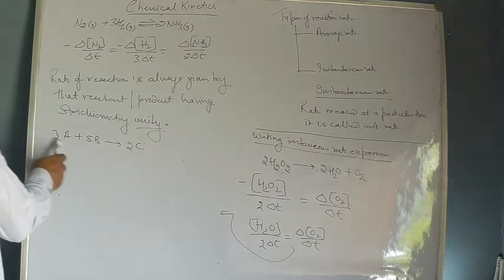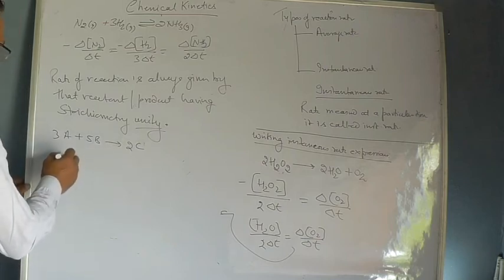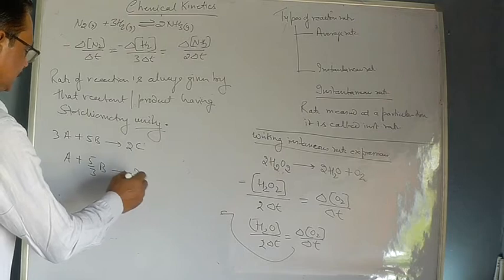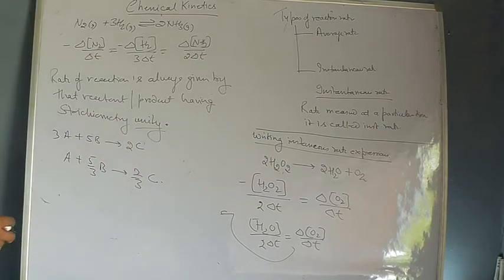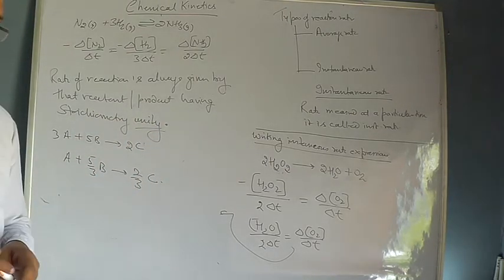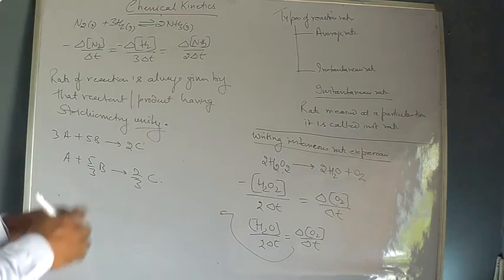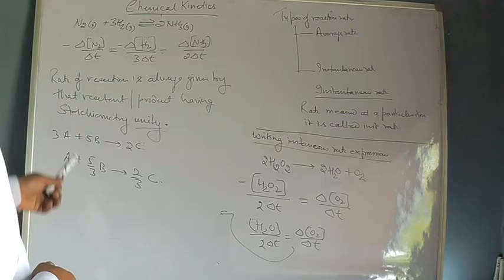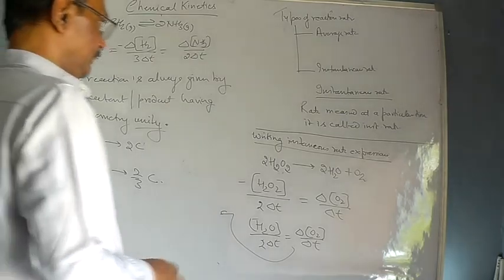You divide the entire reaction by 3, so we get A + 5/3 B giving 2/3 C. Now I can very well find out my instantaneous rate law expression. So class, remember, rate of reaction is always given by that reactant or product having stoichiometry unity.